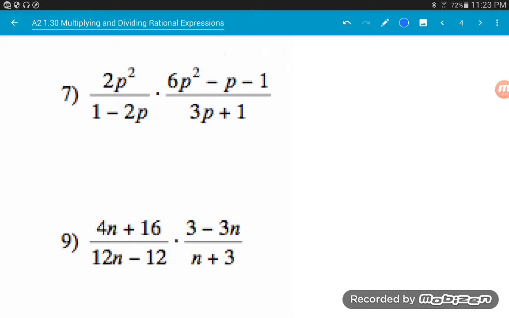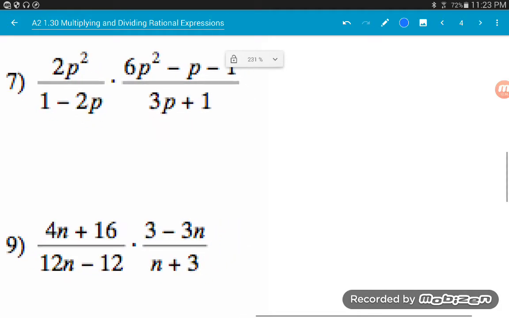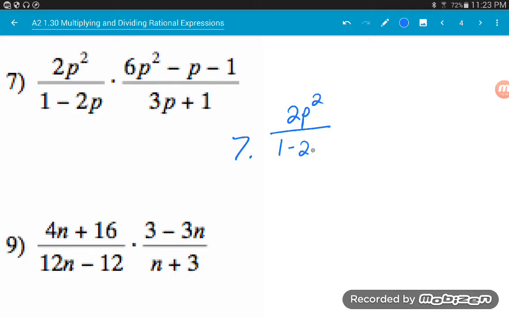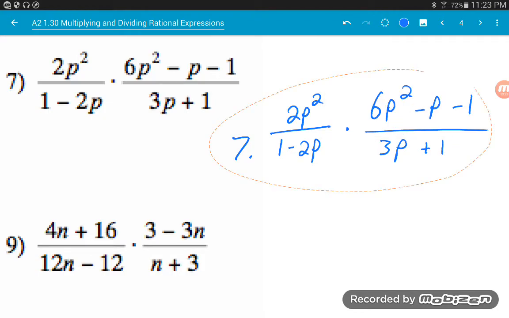Okay? So question number 7, let me just rewrite it. I'll take it to my loose leaf, and then I will take a rest, and you can get some work done. So I've got 2p squared over 1 minus 2p times 6p squared minus p minus 1 all over 3p plus 1. Pulls to my loose leaf so I have some room to work.